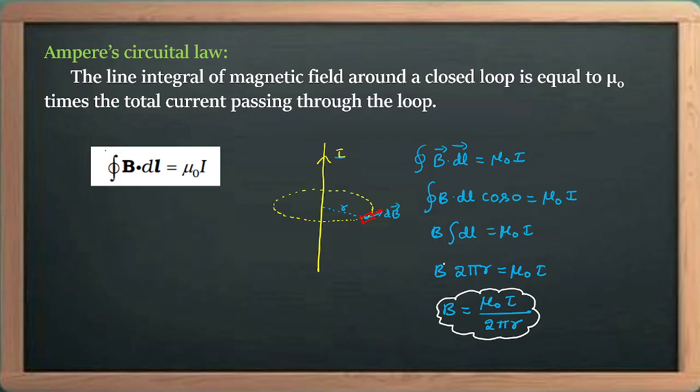This is the formula for magnetic field at a particular point due to an infinite straight wire. We can extend this wire till infinity. This is called Ampere circuital law.